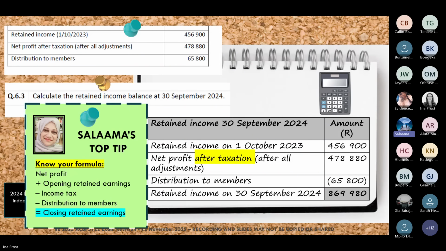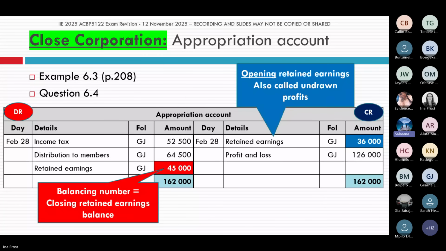It would really assist them if they remember the formula, because it could either be given as part of a calculation, like you've just shown in this example, or if it's given in the form of the general ledger T account, it will also remind them where to record it.